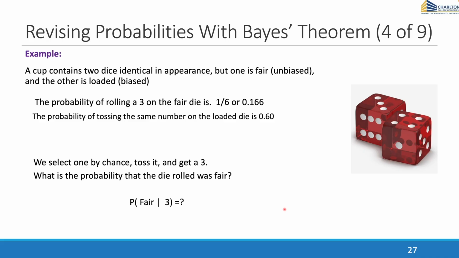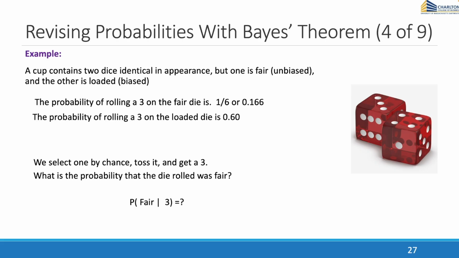Now let's solve another example to understand this better. A cup contains two dice identical in appearance, but one of them is fair and the other is loaded. The probability of rolling a 3 on the fair die is 1/6. The probability of rolling a 3 on the loaded die is 60% or 0.6.